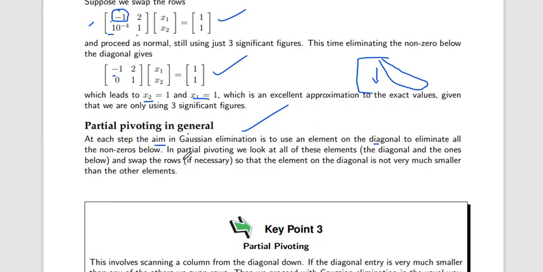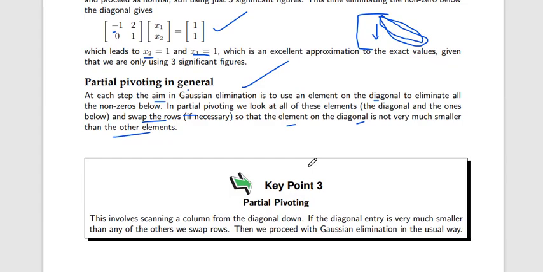So in partial pivoting we look at the diagonal element and the ones below, and swap rows. In general, partial pivoting means we only swap the row to follow the condition of Gaussian elimination, so that the element on the diagonal is not much smaller than the other elements.